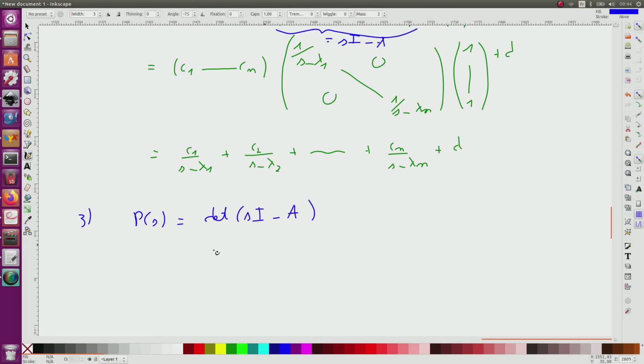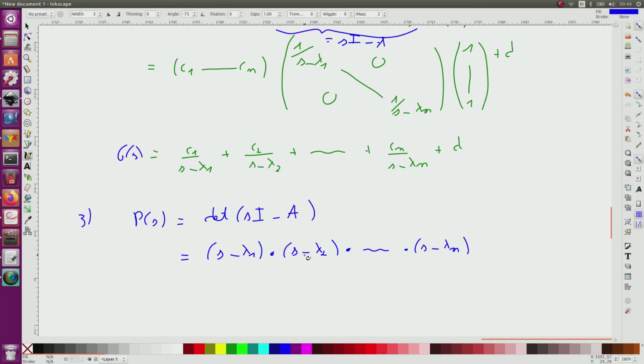So obviously it will be equal to (s minus lambda 1) multiplied by (s minus lambda 2) multiplied by (s minus lambda n). So we can understand that the roots of P of s correspond to the poles of the transfer function, and the lambda i correspond also to the eigenvalues of the matrix A.